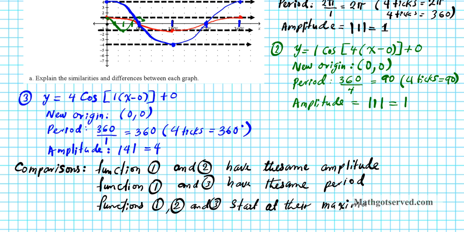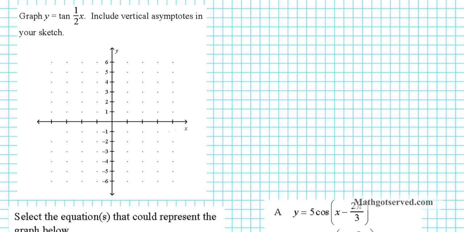Now let's take a look at another example. So for question number 3, you're to graph y equals tan 1/2 of x. We're going to include vertical asymptotes in our sketch. Okay, so first of all, to know where the asymptotes are, we need to express tan using the quotient identity.